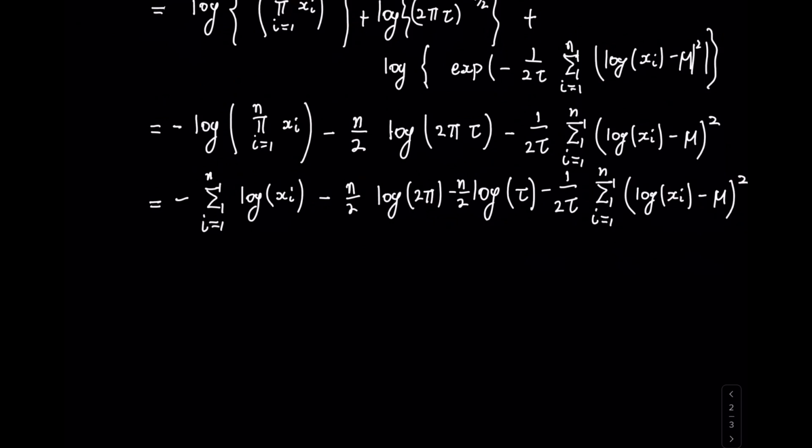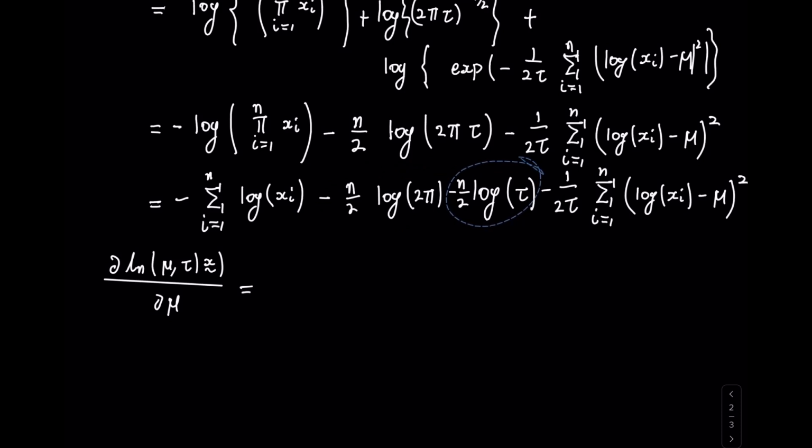So let's start off with the easier derivative to take: the derivative of the log likelihood of mu, tau given x bar, with respect to mu. Let's have a look. First term doesn't depend on mu, easy. Second term doesn't depend on mu, so when differentiated goes to 0.